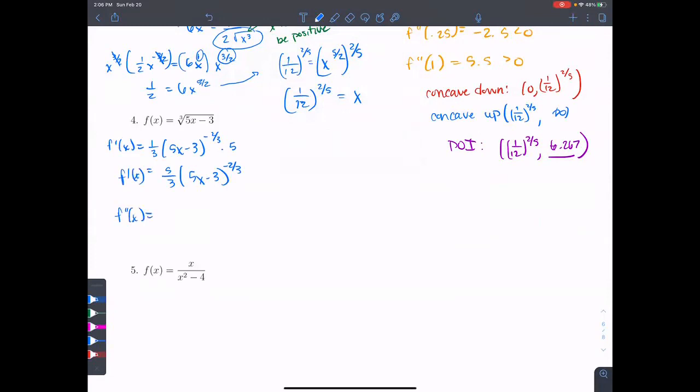So exponent down front would make this negative 10/9 because you would multiply 2/3 and 5/3. Negative 10/9 times 5x minus 3 to the negative 5/3 times 5. So this is equal to negative 50 over 9 times 5x minus 3 to the 5/3.